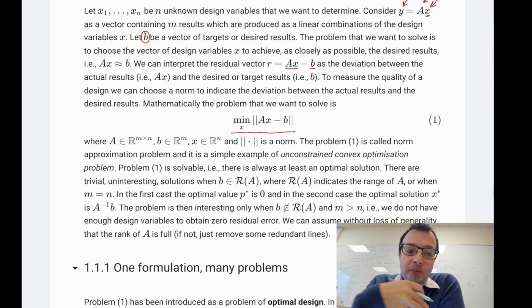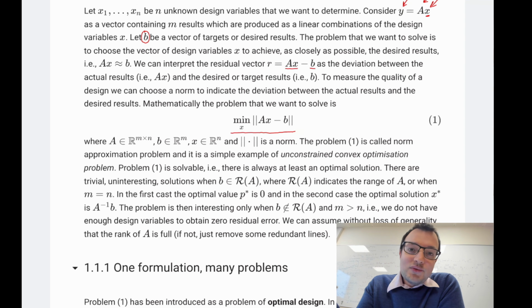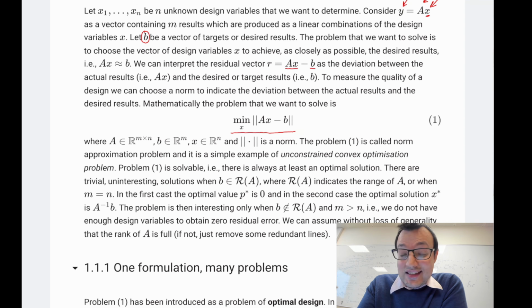This is the first example, and then study the theory after, once we see that there is a huge class of problems that are very important in applications and that we would like to solve. And the common thread here is that all the problems that we will see are convex optimization problems.